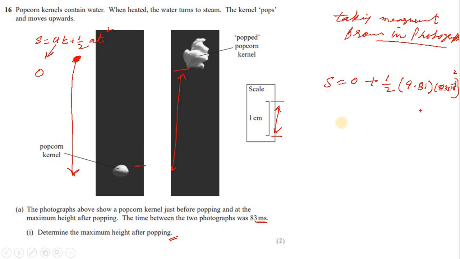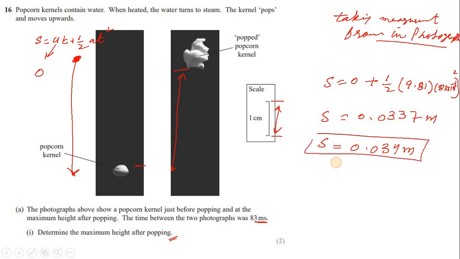When you solve this, your distance would be equal to 0.0337 meter. You can round it off to 0.034 meter. This is the height gained by the popcorn kernel after popping.